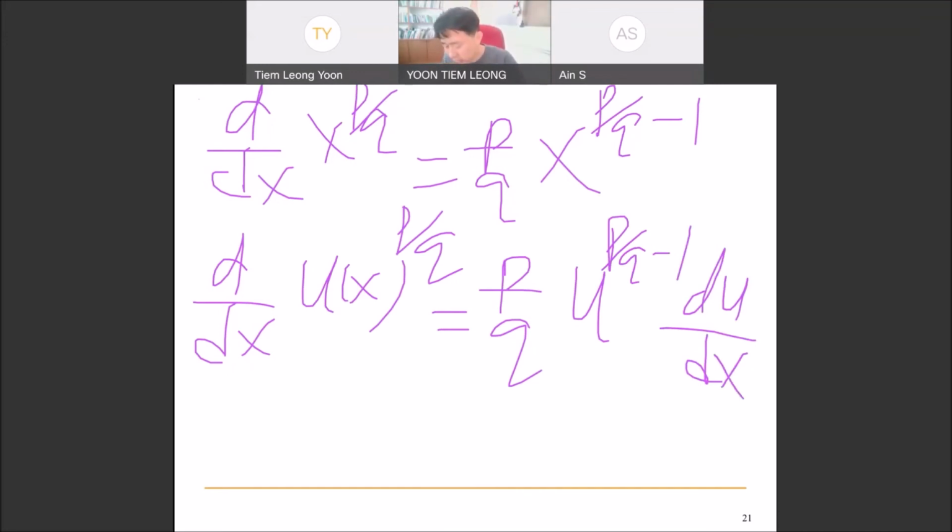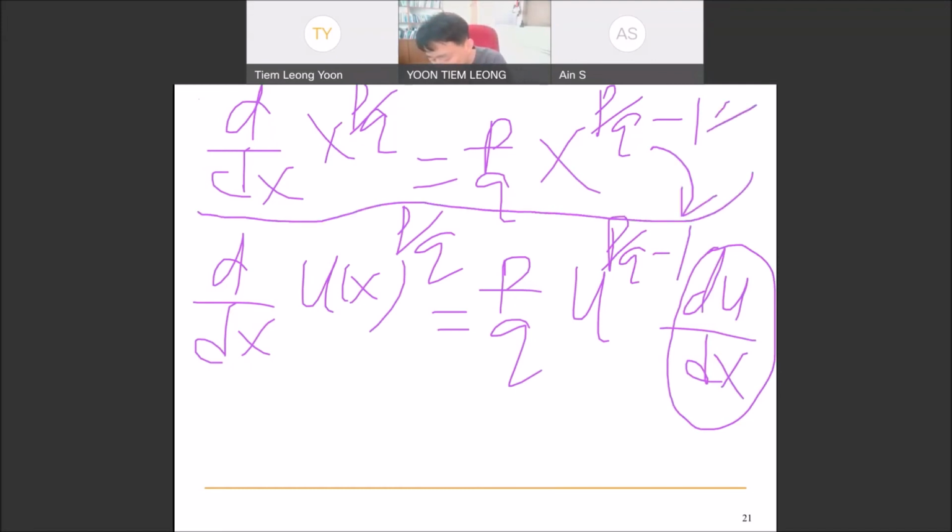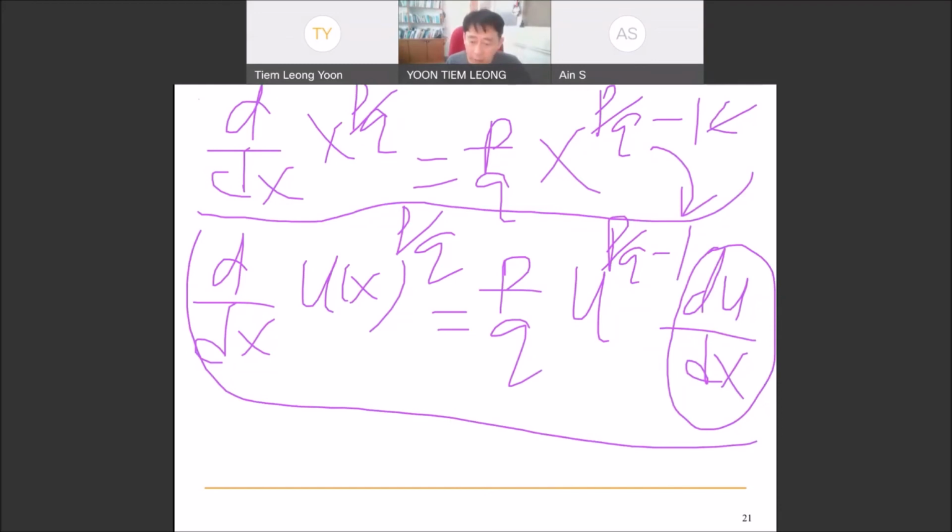So just add in these terms, then you will be able to generalize this rule for x to the power of p/q to this rule, which is the derivative of the function u raised to the power of p/q, by adding in this.